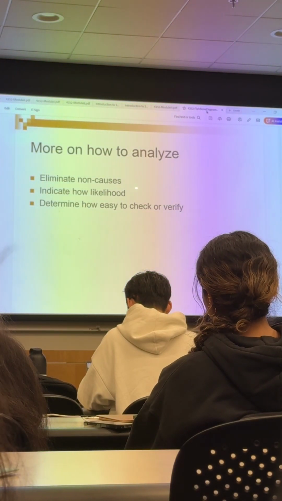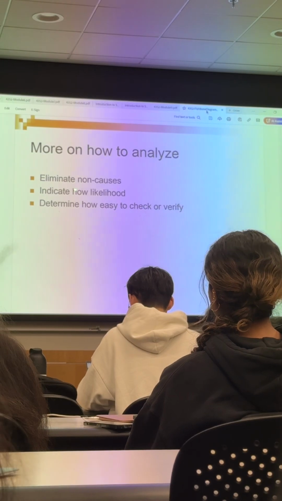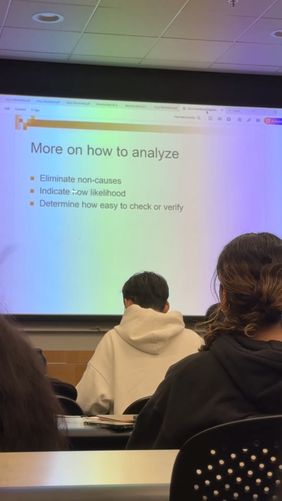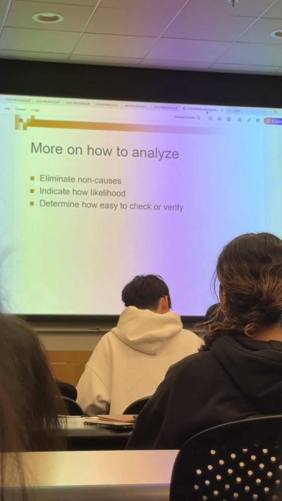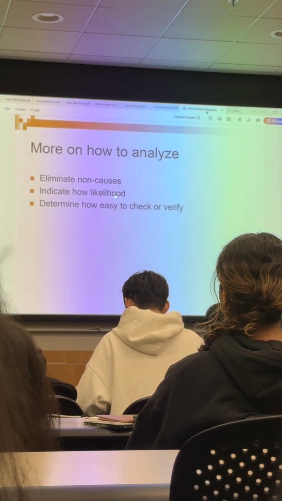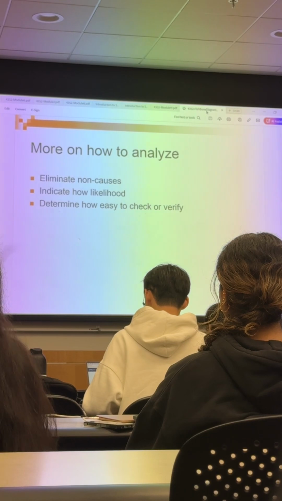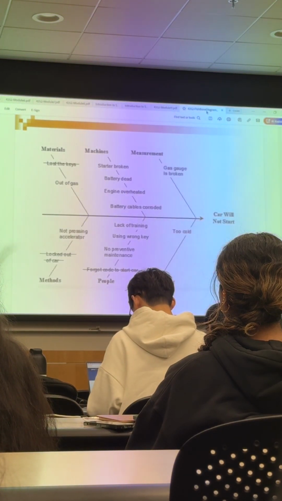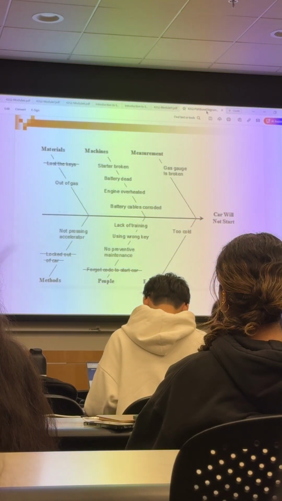You can eliminate non-causes. That's your first step, right? So anything that the team thinks or you think is not a cause, remove it. How likely is the cause really there and will influence the system? How easy is it to verify? You have three analysis phases. First, you are eliminating causes that you think are not relevant.